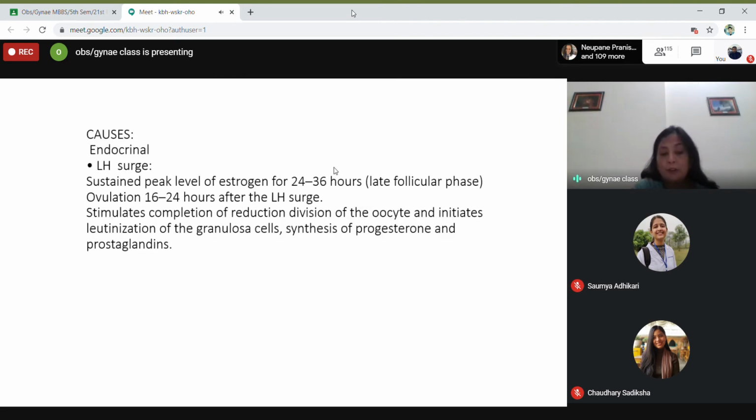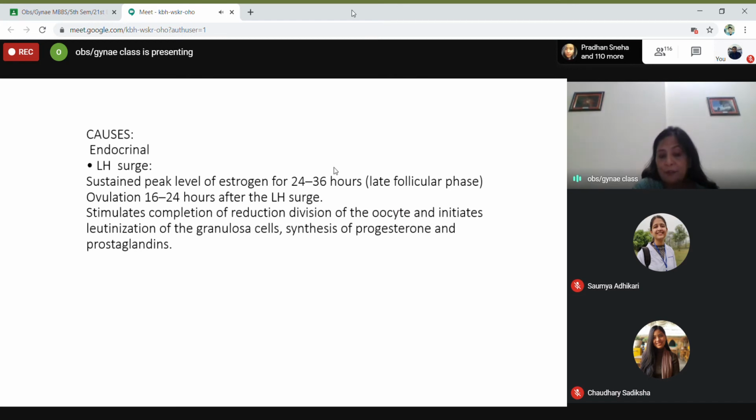So what are the causes of ovulation? The cause is endocrinal. There will be LH. A sustained peak level of estrogen takes place during the pre-ovulatory phase. There will be sustained release of estrogen, and the peak of estrogen release occurs 24 to 36 hours before.